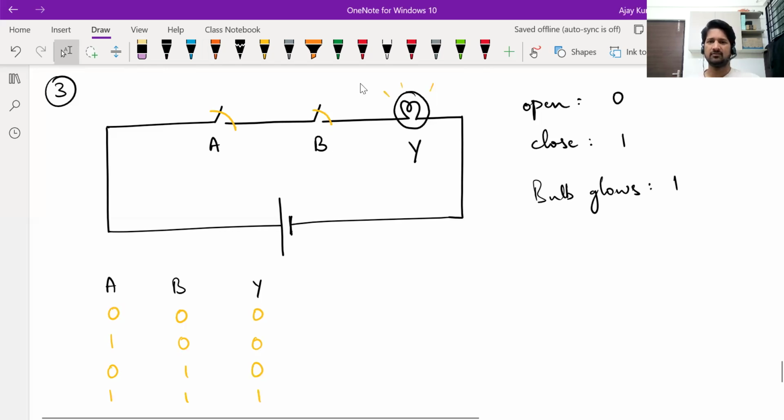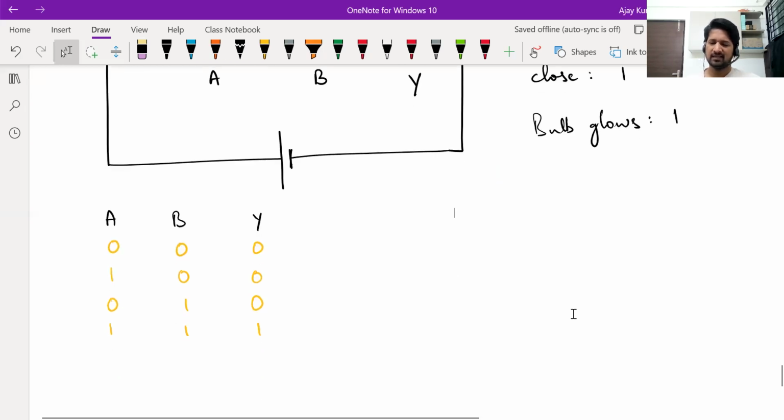This is very easy. Think carefully and answer quickly. This is an AND gate.